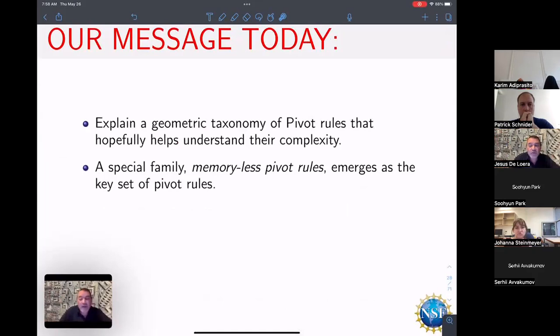So I want to introduce a very important family of pivot rules, which we gave the name memoryless pivot rules. You will see that memoryless pivot rules are very important. I argue that if you want to solve this famous question, you really need to study memoryless pivot rules. I will show you why.